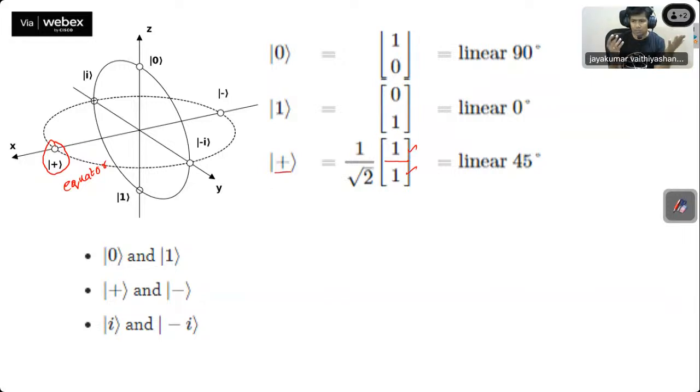Not exactly in 0, not exactly in 1. That is why both hemispheres are related to the plus state. You can look at it like this, 45 degrees, exactly between state 0 and state 1. So this is 3-dimensional. This is 2-dimensional.